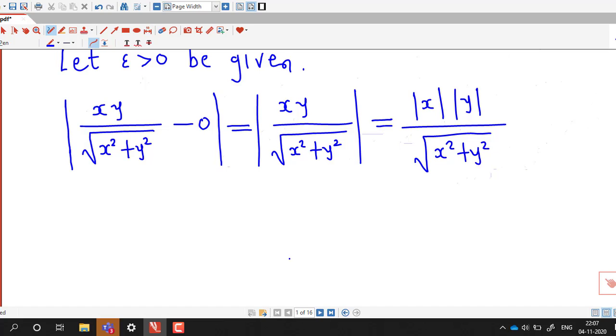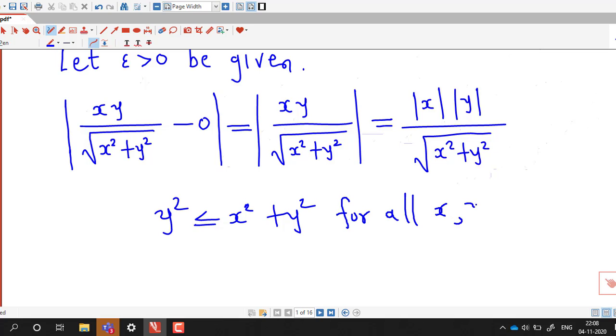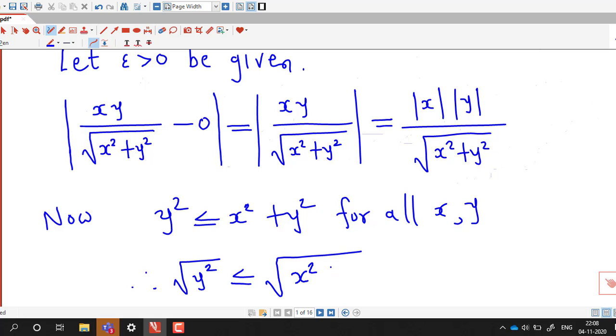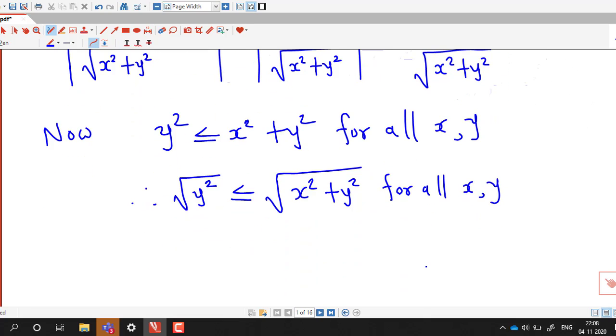Now we know that y square is always less than or equal to x square plus y square for all values of x and y. So if we take square root on both sides, square root of y square is less than or equal to square root of x square plus y square for all possible values of x and y.